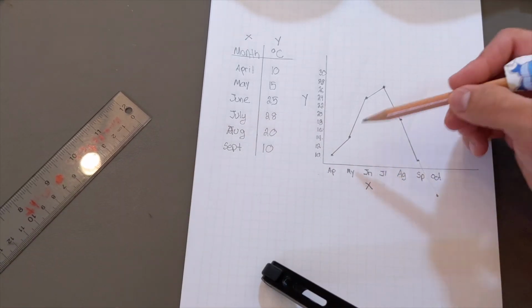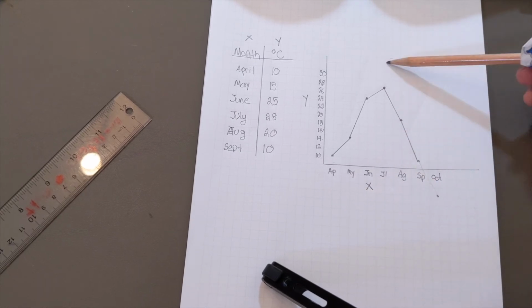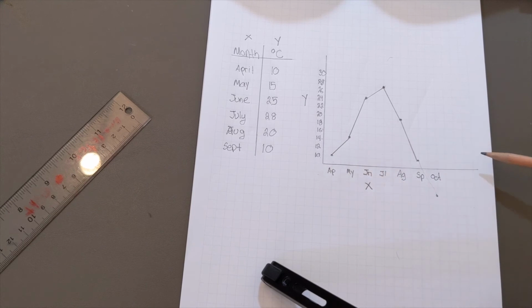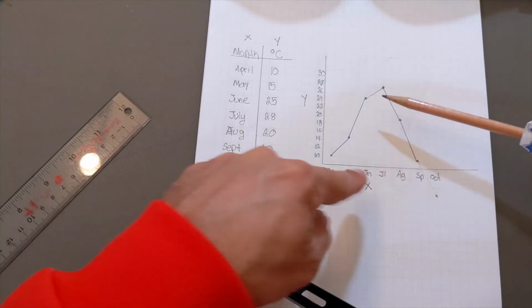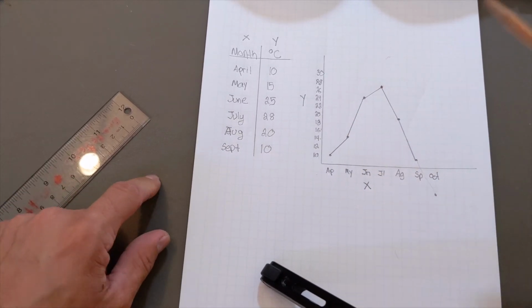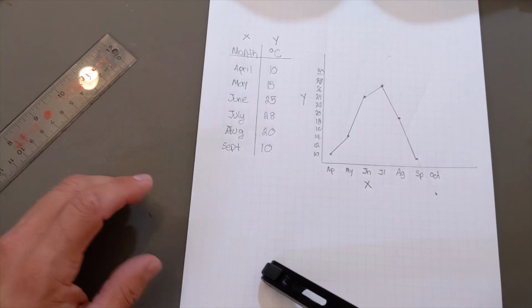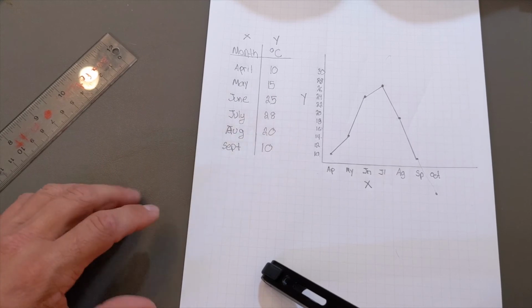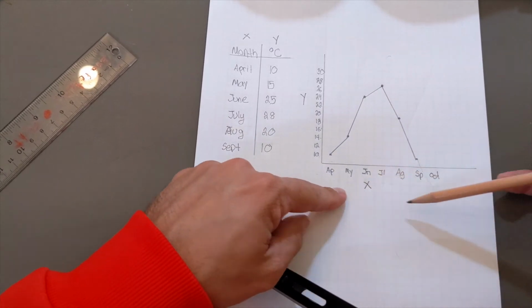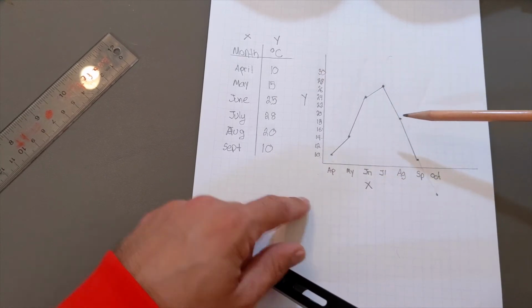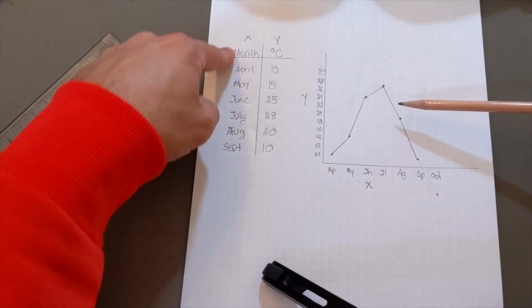So yes, we can have positive numbers going this way, and we can even have negative numbers going this way. But we're not going to worry about that now. So, just as a little review, we have the x-axis on the bottom, we have the y-axis going up, and then we have a table of values.